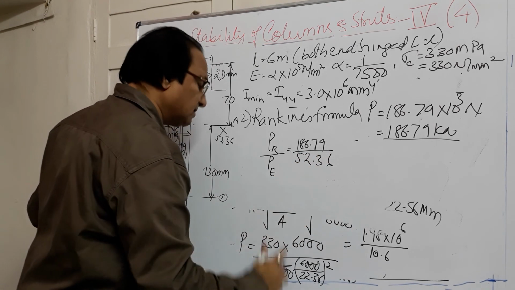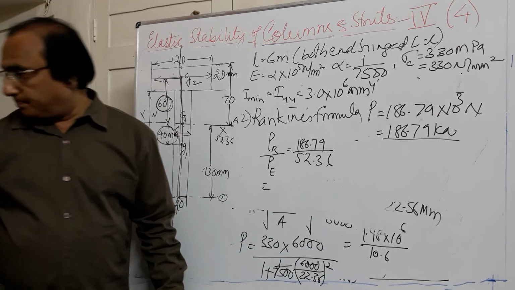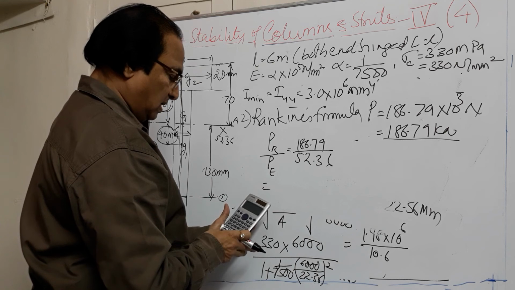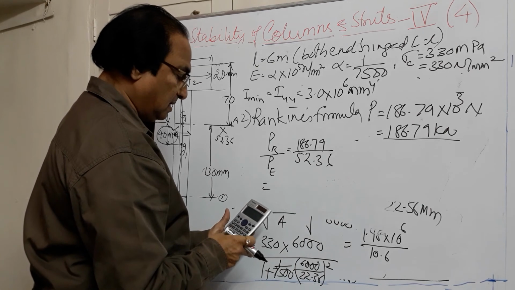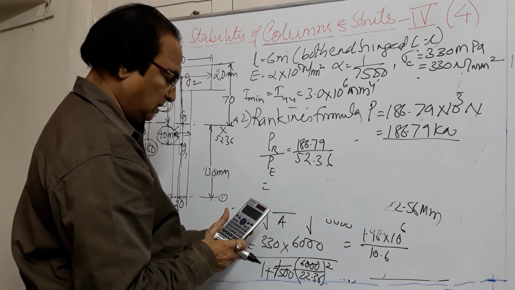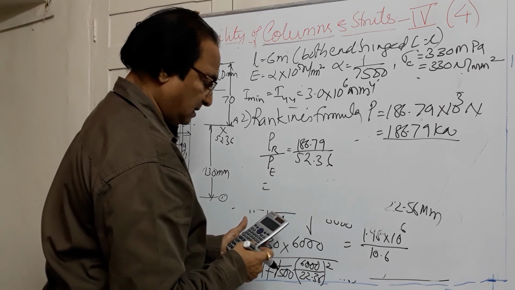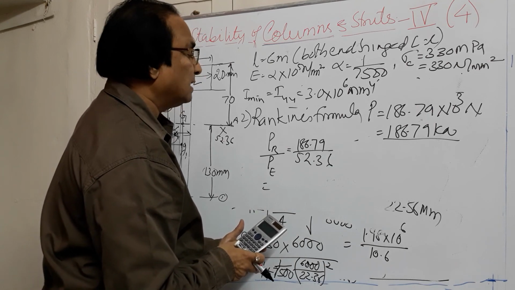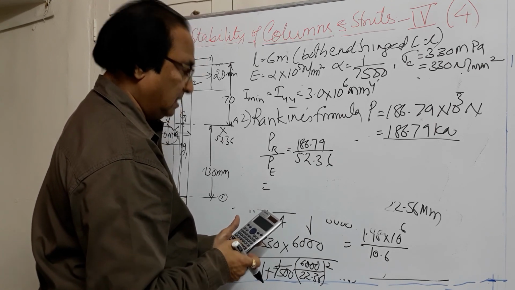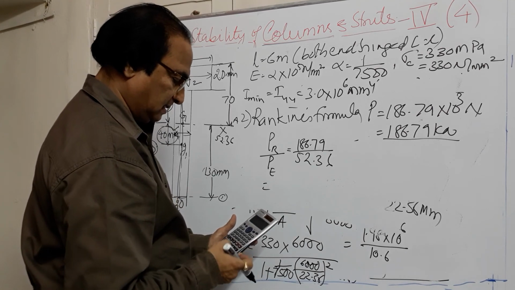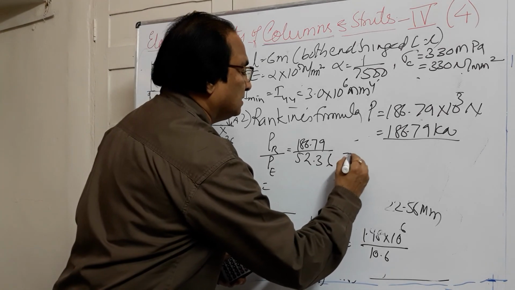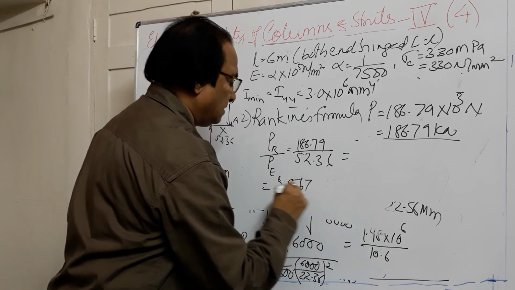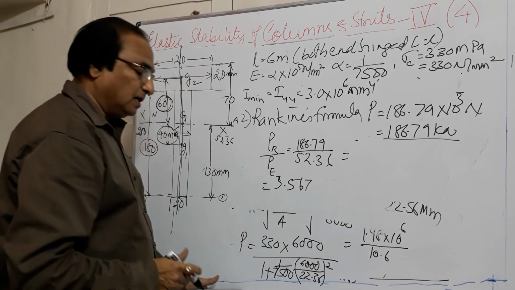If you simplify this, you get the value of PR by PE as 186.79 divided by 52.36. So this will be equal to 3.567. So this is the ratio of Rankine's formula to Euler's formula.